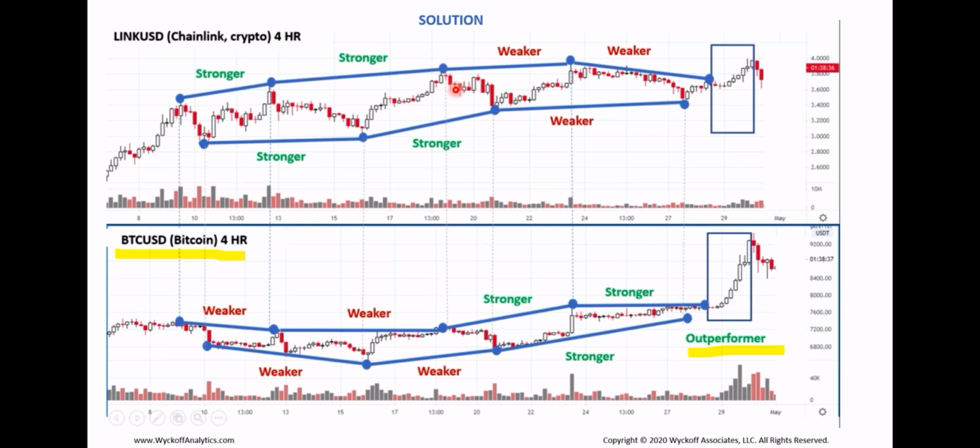In this case, we switch from the leadership of the asset, switch from Chainlink to Bitcoin. This kind of rotation between one asset and another is very common in the crypto environment. And we will discuss this in the next session.